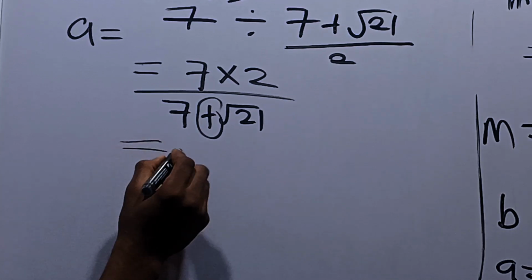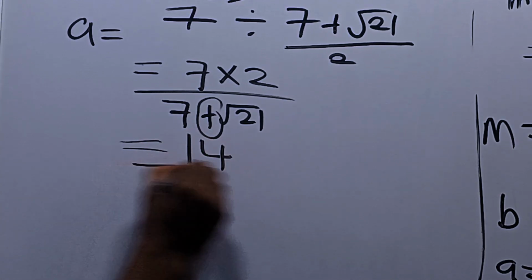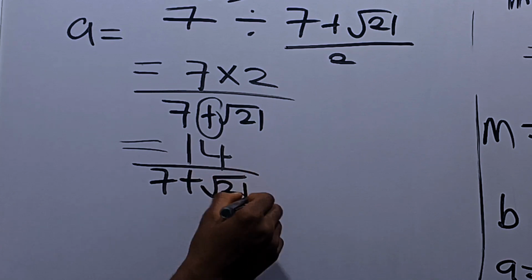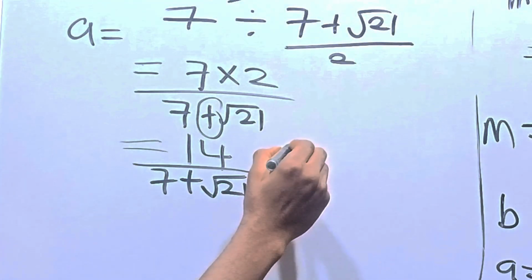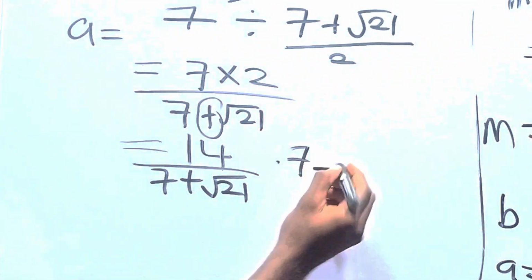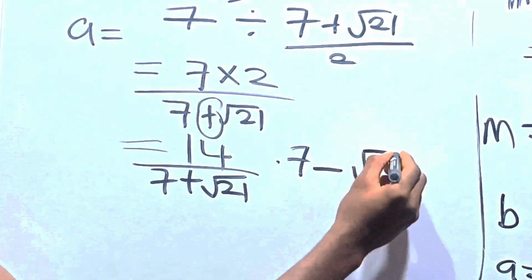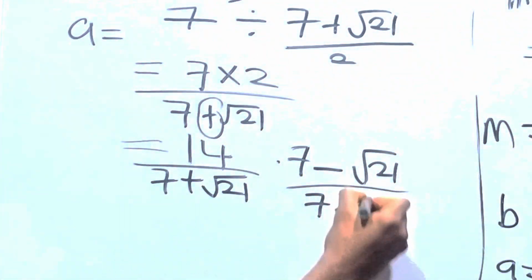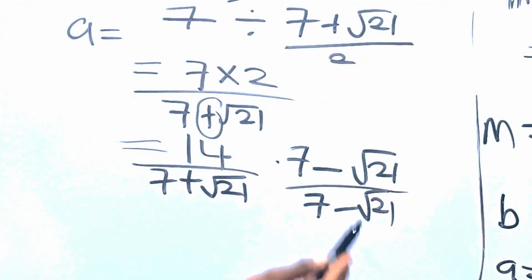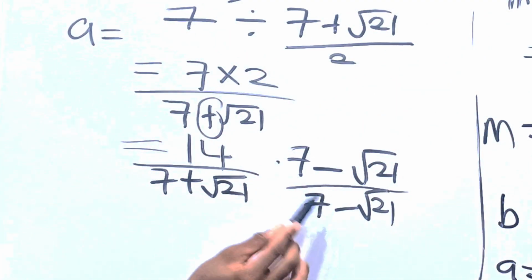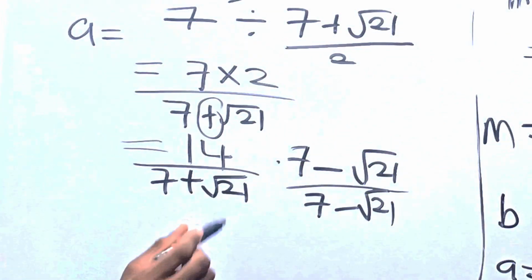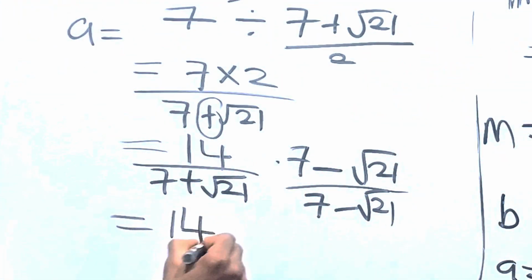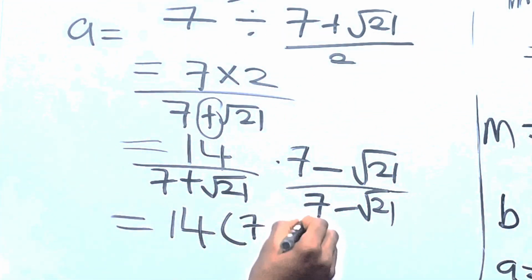So this is equal to 14 divided by 7 plus root 21, multiplied by 7 minus root 21 in both the numerator and the denominator. You multiply the numerator by the same thing you multiply the denominator by, so it cancels out to give you 1. That's how I rationalize.